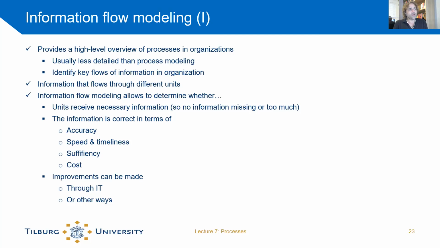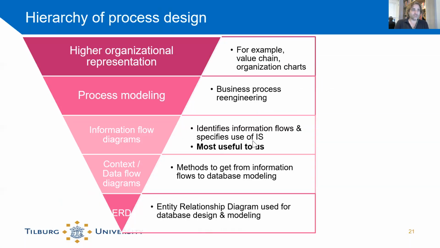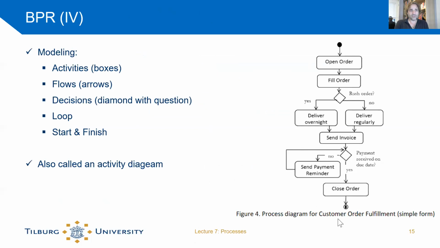So information flow modeling provides a kind of a high-level overview of processes and the information you need in those processes and organizations. So you can connect information to a process diagram such as this, because with every arrow there is information that also is sent.